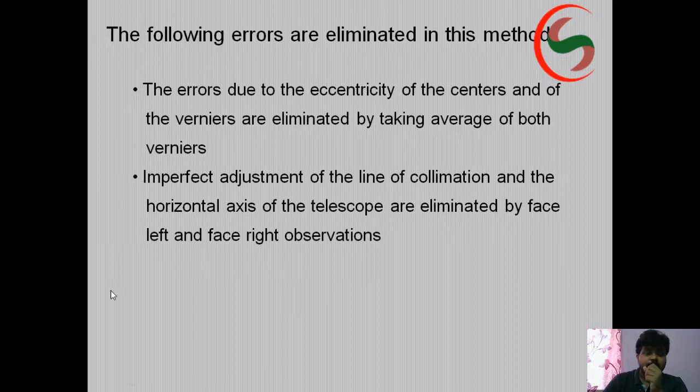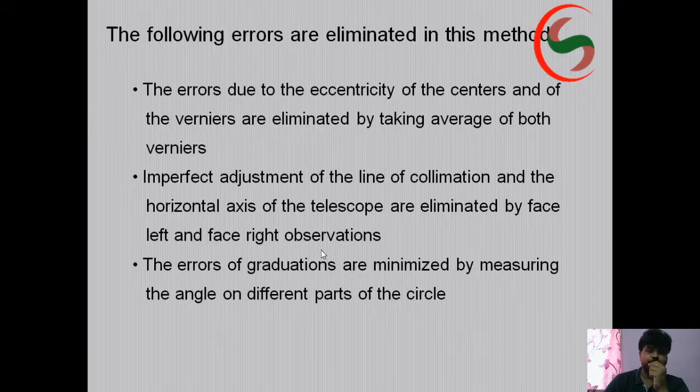Next, imperfect adjustment of the line of collimation. As I said, imperfect adjustment of the line of collimation means our instrument has some permanent adjustment error. We eliminate it by observing in face left and face right conditions. The horizontal axis error of the telescope is also eliminated by face left and face right observations.